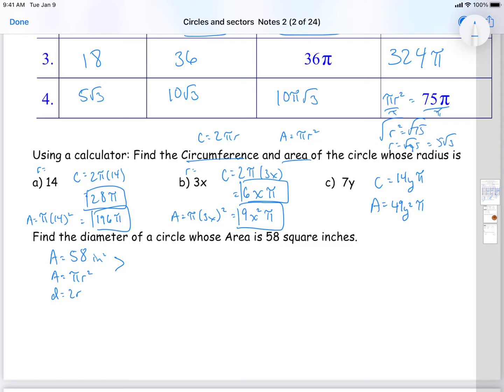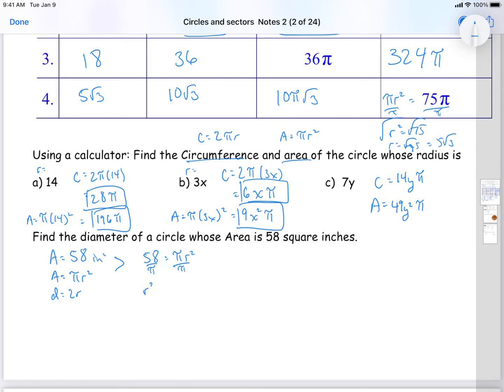So if I know my area is 58 inches squared, I know that this is equal to pi r squared, okay? So yes, we are going to have to use our calculators for this, okay? So what I'm going to do is divide both sides by pi, okay?